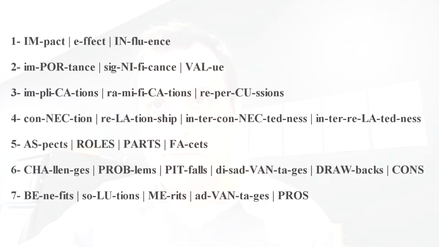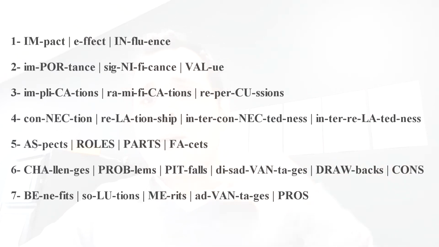You want to use different words that have the same or a similar meaning in the same conversation. So, for example, for impact, I can say effect or influence. For the word importance, instead of repeating it a million times, I can use the word significance, value.